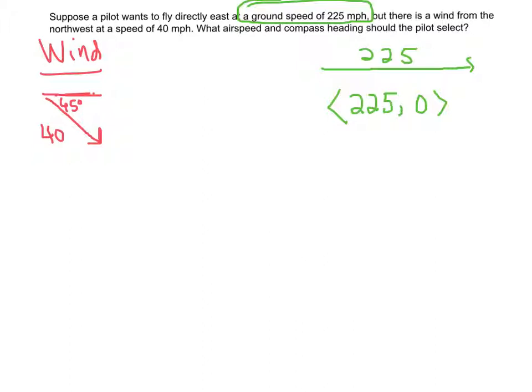And then there is the airplane vector. And this vector is going to have to go something like this, because it's got to negate the downward force of the wind so that we can go due east, and it's got to be traveling to the right so that we can get up to 225 miles per hour.